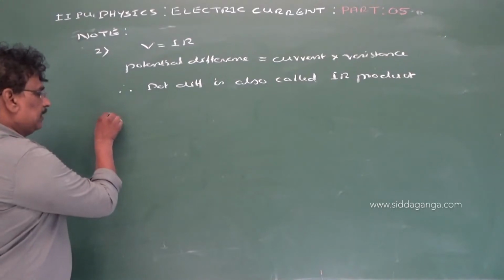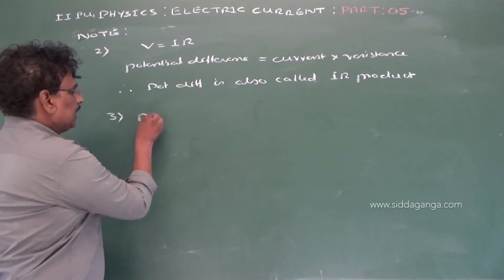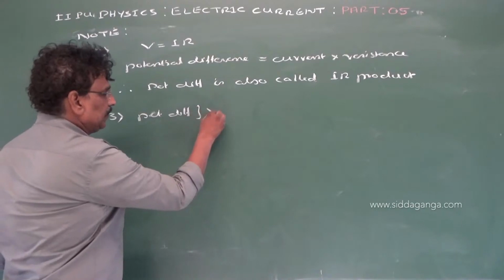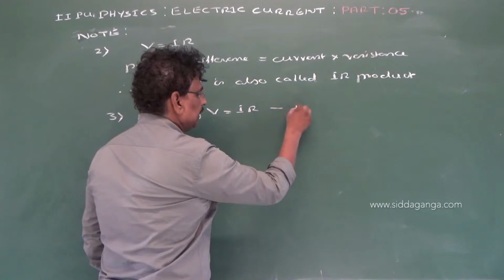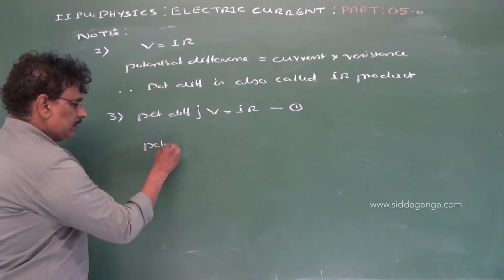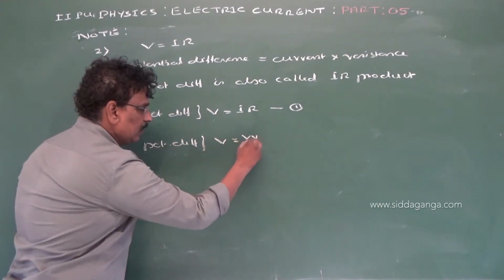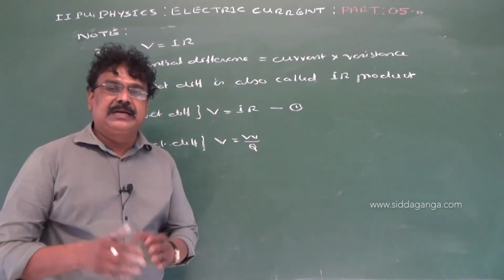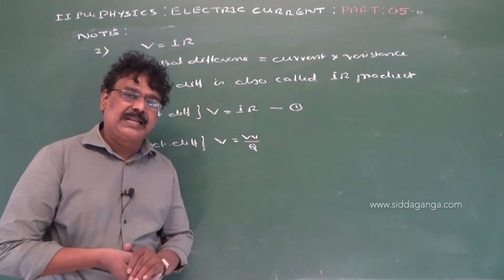And the third one, we have potential difference. V is equal to IR, we take as equation 1. And also we have potential difference V is equal to W by Q. Remember the definition of potential difference in electrostatics.